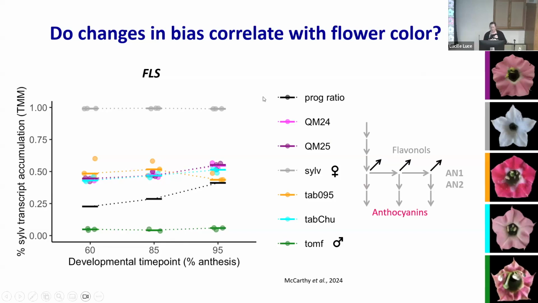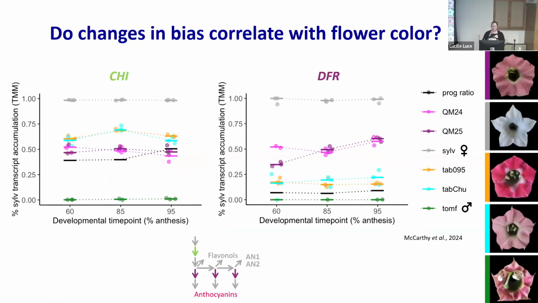And our sylvestris and tomentosiformis are behaving excellent. We like to see that. But in this case, in FLS, we see that we have pretty equal expression between our 2 progenitors, and that seems to be the case for all of the accessions that we looked at. We did see some differences in homolog expression bias, but they did not correlate with phenotype, like we hypothesized.